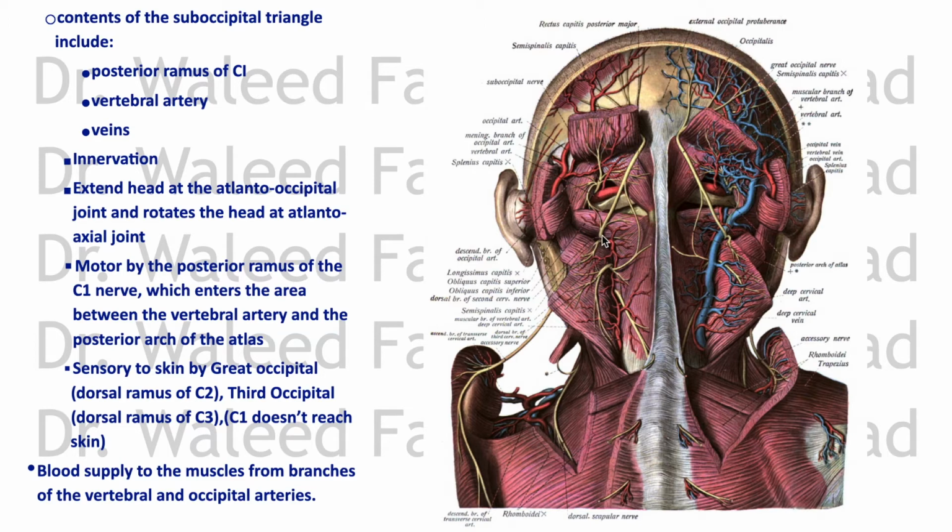This is important: C2, dorsal ramus, the greater occipital. The dorsal ramus of C3, the third occipital, also supplies the area. What else will you find in the area? Now, if we bring this muscle back, you will see the branches of the occipital artery. Remember the occipital artery, it's a branch of the, exactly, the external carotid artery.